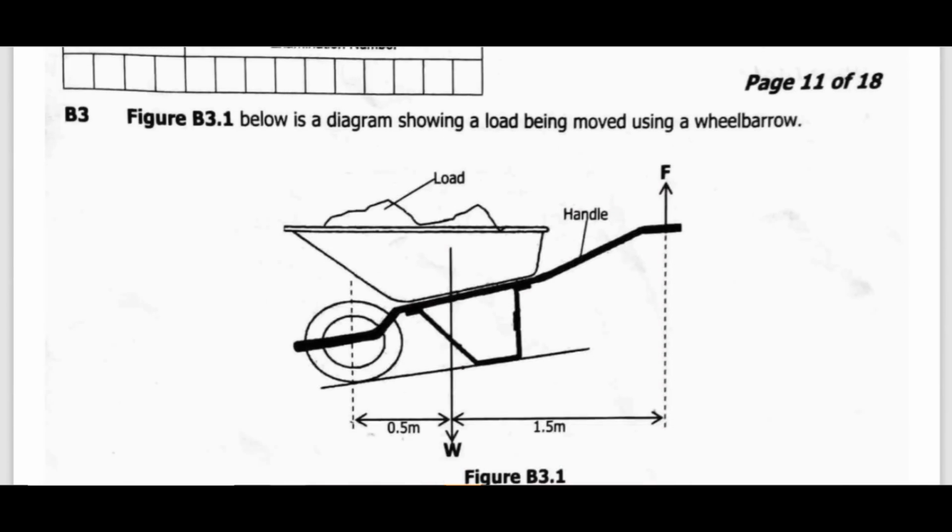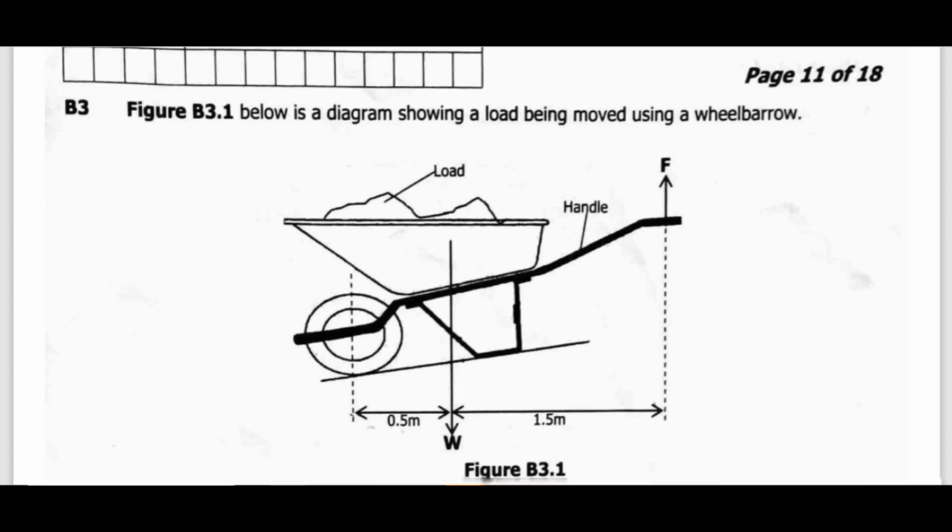Okay, so we have figure 3.1 below, a diagram showing a load being moved using a wheelbarrow. We have a wheelbarrow, and then we have the load here, the handle, the force, the weight of the load, and the distance here.